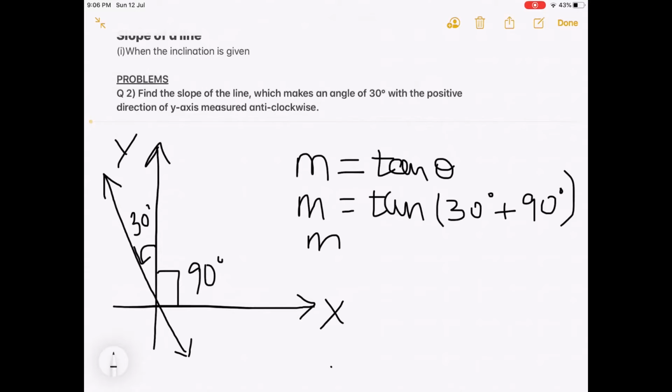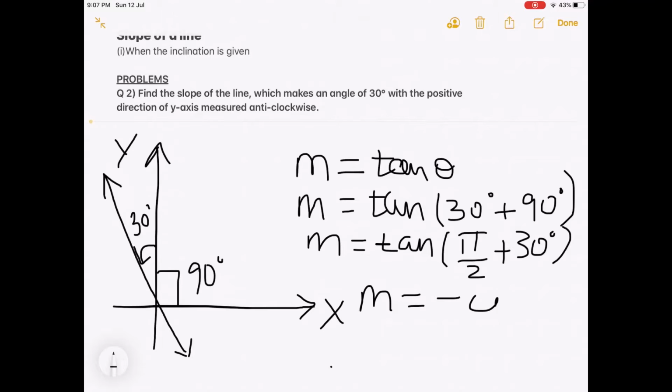So m is equal to tan, if you take 90 as pi by 2, it will become pi by 2 plus 30 degrees. So m will become minus cot 30 degrees. So therefore m is equal to minus root 3.